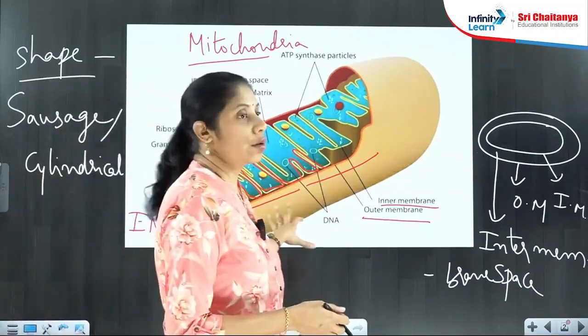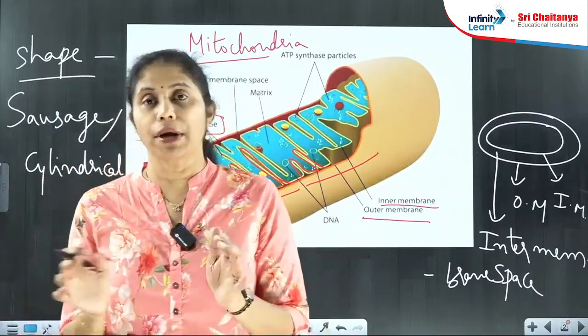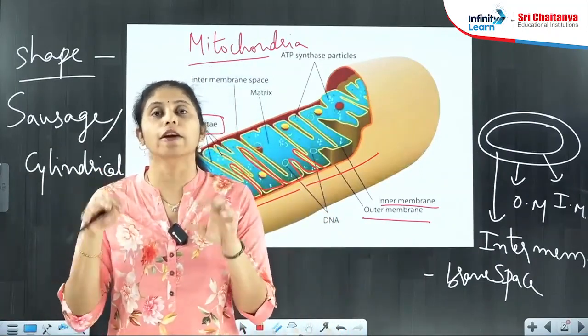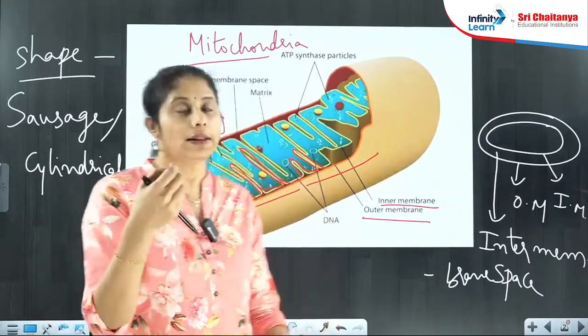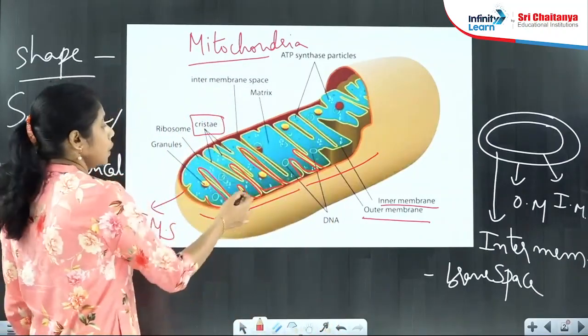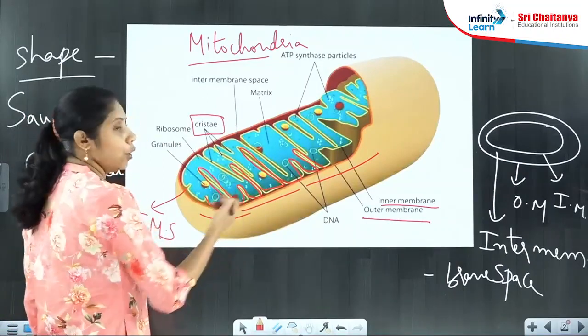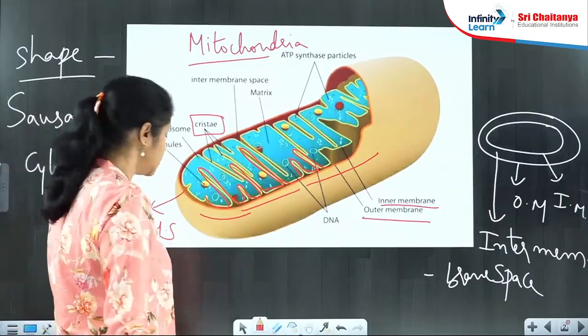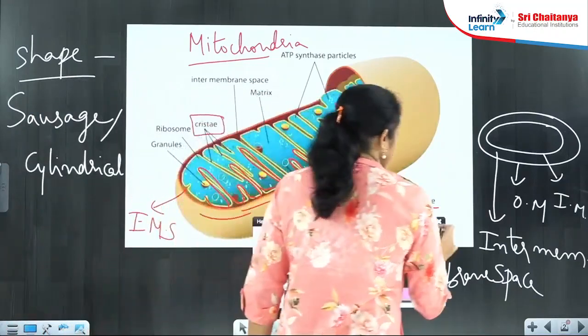So outer membrane is continuous, inner membrane is not continuous, and inner membrane shows finger-like projections or infoldings inside. Those finger-like infoldings are called as cristae. And because of the inner membrane and outer membrane, the mitochondria is divided into two compartments.